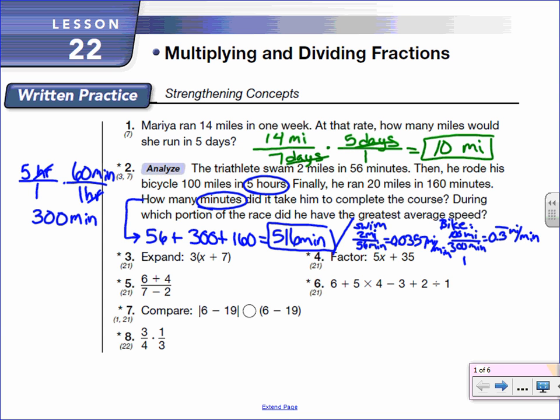And then running is 20 miles divided by 160 minutes. 20 divided by 160 is 0.125 miles per minute. So comparing these numbers, we have the fastest speed is 0.333 miles per minute, or biking.